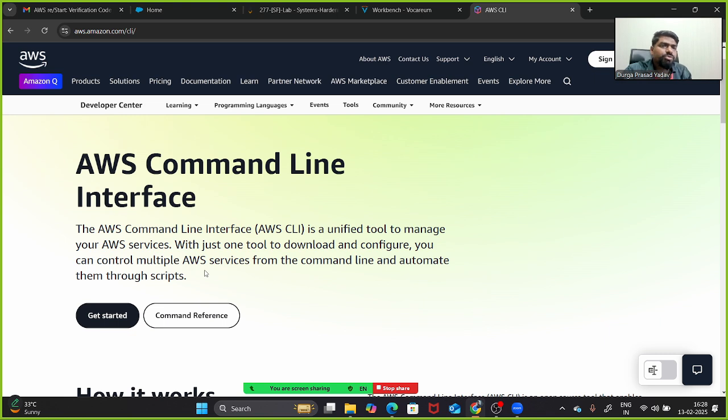Very few questions come from CLI. One or two commands will come from the CLI, generally one or two, not more than that. But two questions, how many marks is that? 40 marks.